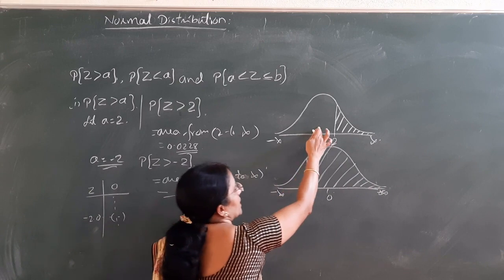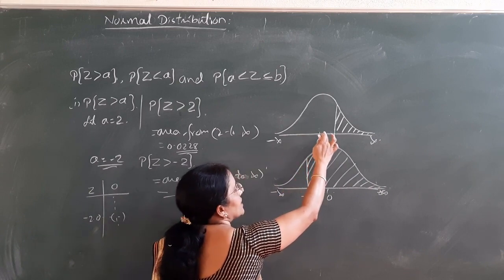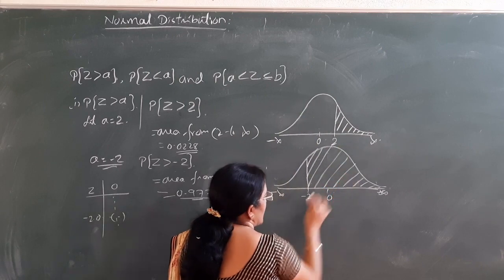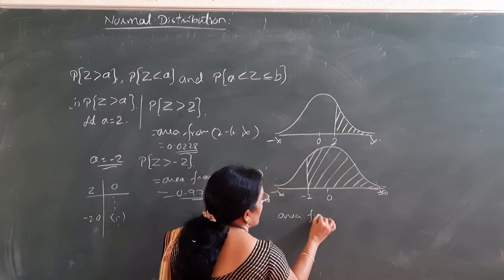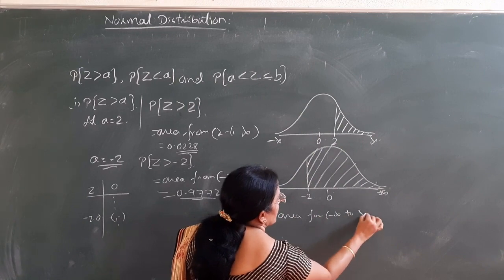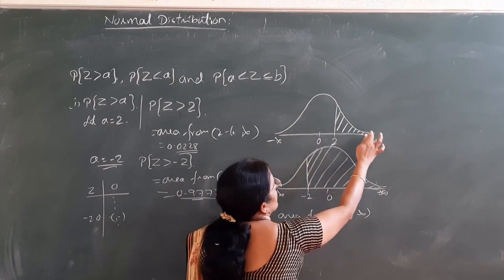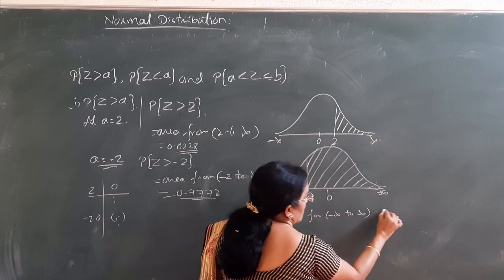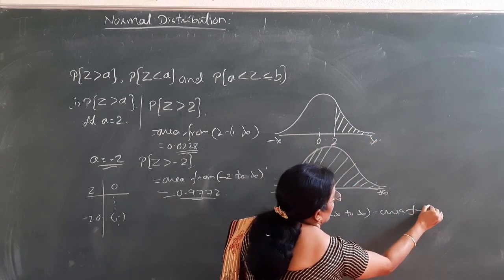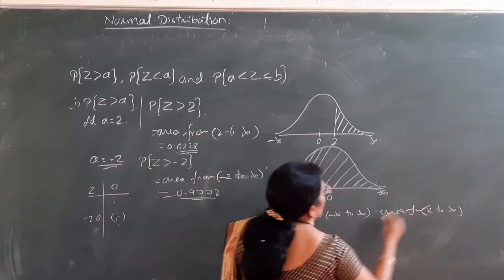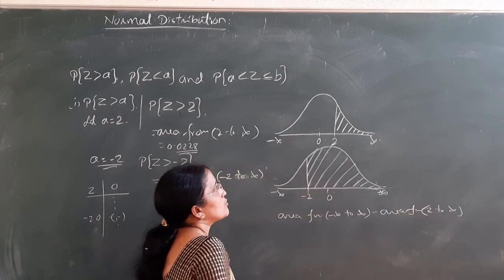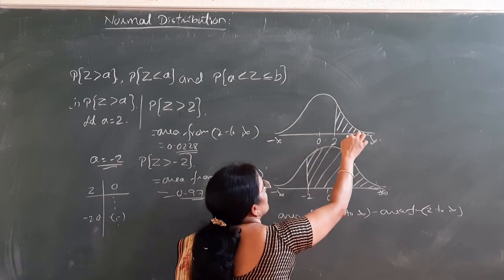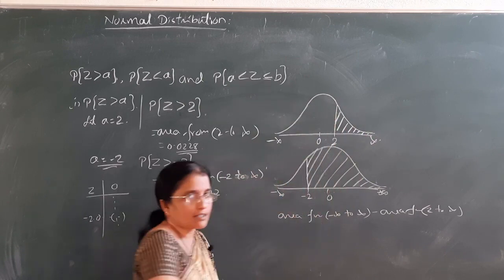This can be obtained by considering the formula: area from -infinity to infinity, this whole region, minus area from 2 to infinity. That means we have to subtract this region from the whole region to get this unshaded region.